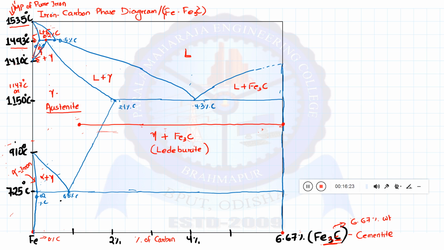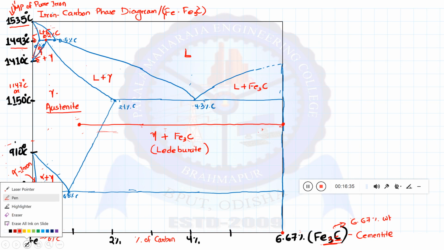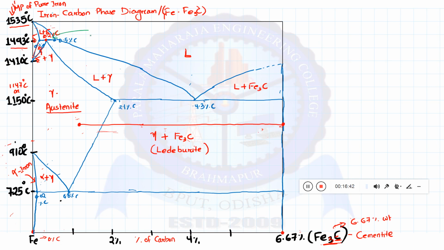I actually forgot to mention the invariant reactions. So, let me change the ink. Here at 1493 degrees Celsius at 0.2 percentage of carbon, or basically from 0.1 to 0.5 percentage of carbon, the horizontal that we have drawn is representing our peritectic reaction.